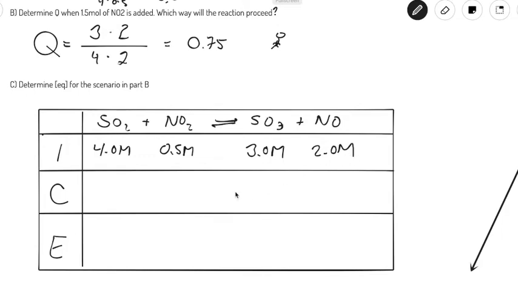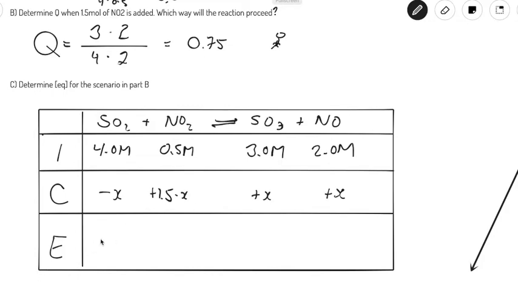Our change is going to be a decrease of X, an increase of 1.5 that we added, which caused the decrease in X. And if this side is decreasing, the other side must have the opposite process. If this is decreasing, over here it must be increasing, minus X and plus X. Notice there are no coefficients in the front, so these X's do not have coefficients either.